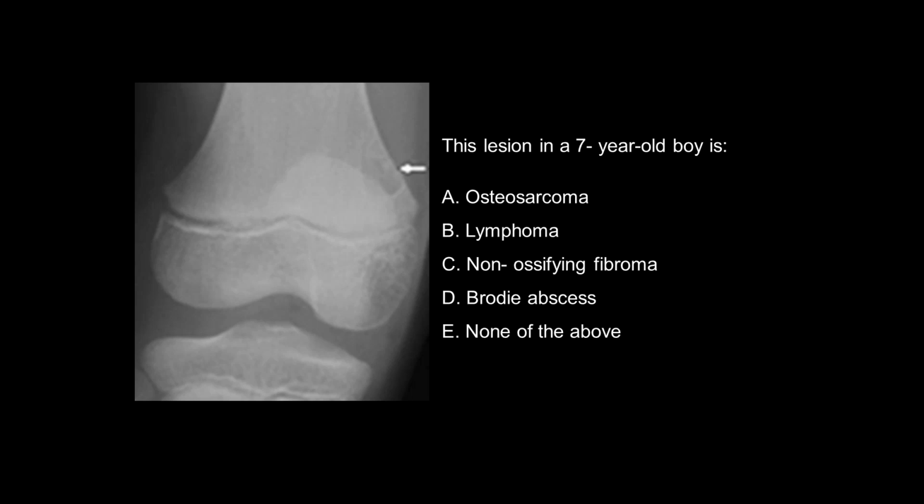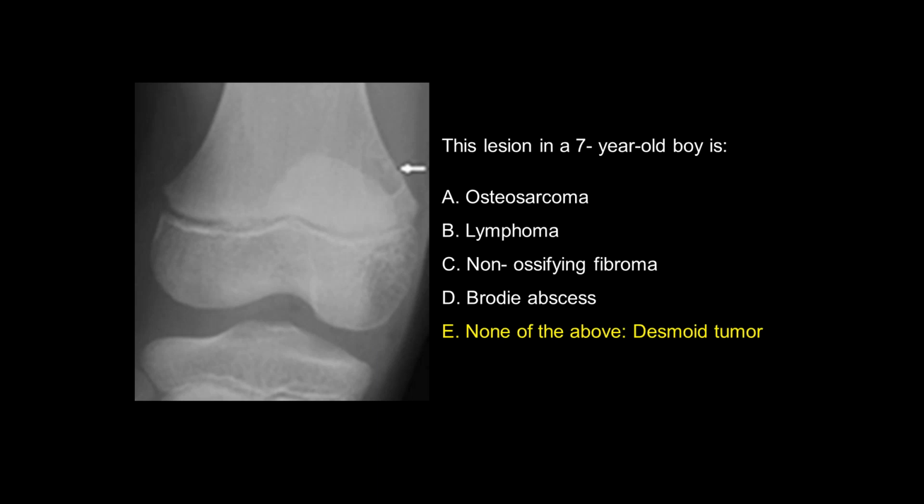And a non-ossifying fibroma is a very valid option. Especially in older children or in adolescents and young adults, this would be the number one differential to go. But what we're looking at here is a very, very typical lesion in children, which has got a lot of different names.